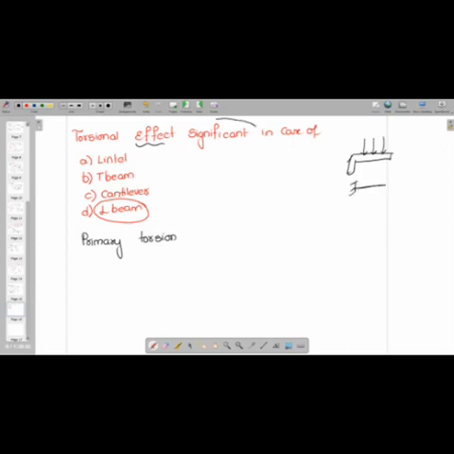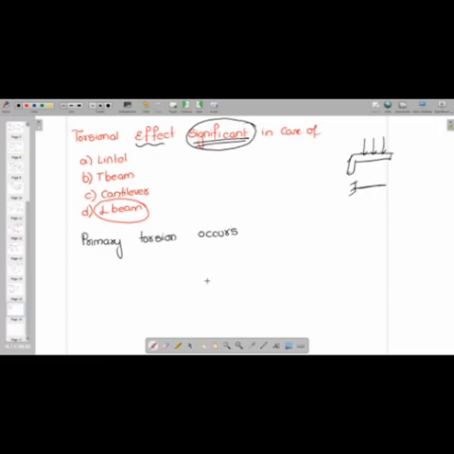He has used the word significant. That is the reason it is more significant in the L-beam. If he had not used the word significant, then you can say cantilever also. Agree? Agreed, sir.